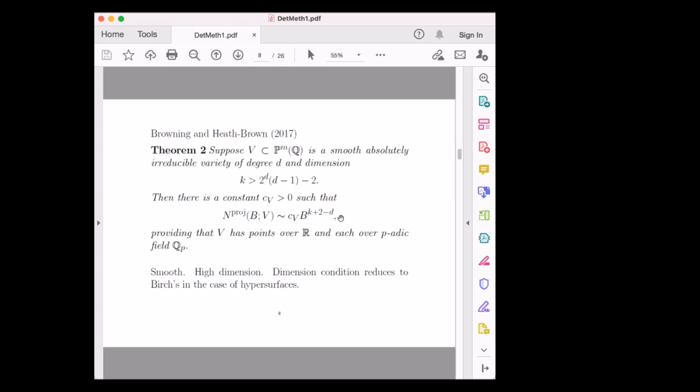The exponent there translates exactly to the Birch exponent. So the key things here are firstly that the variety must be smooth, and secondly that the dimension has to be pretty high for these theorems to work.